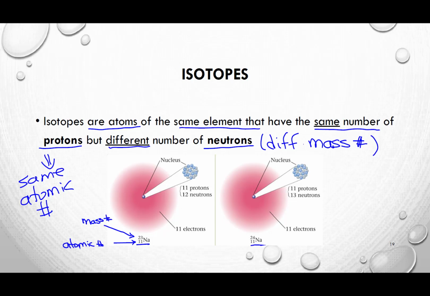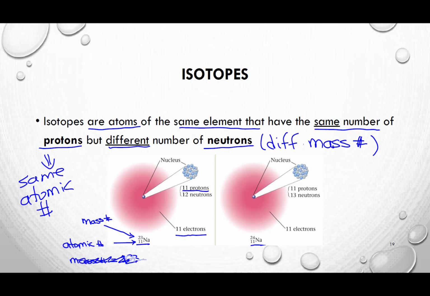Okay, since it's neutral, its protons, as you could see, is 11. Then the number of electrons is also going to be 11. And the mass number is 23. Sorry, it's neutrons.